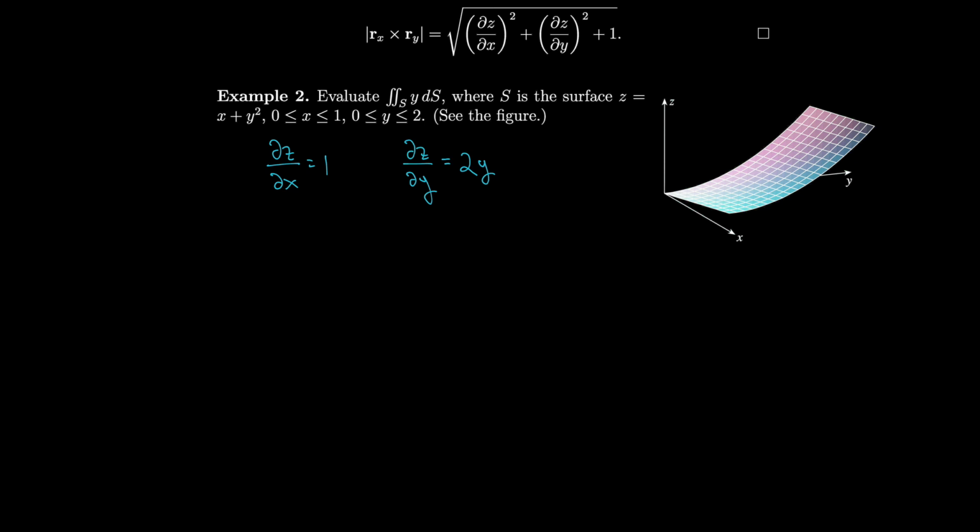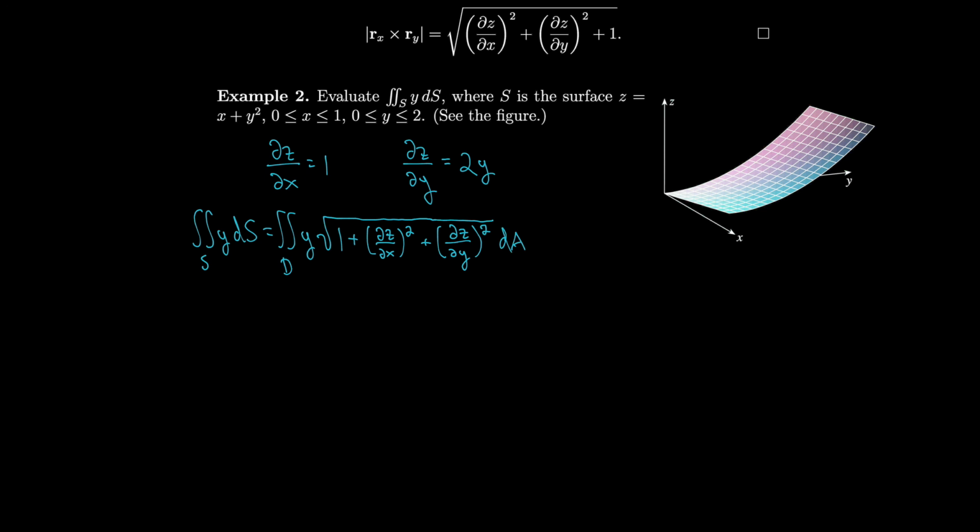So now we'll have the surface integral of y dS equal to the double integral of y times the surface area element, so that'll be square root of 1 plus the partials squared. So that'll be partial z with respect to x squared plus partial of z with respect to y squared, and we'll throw in a dA.